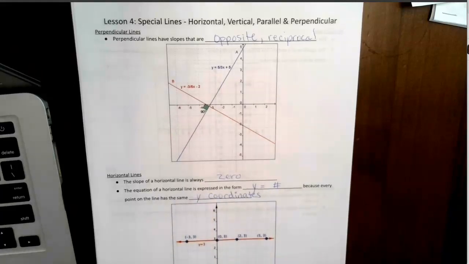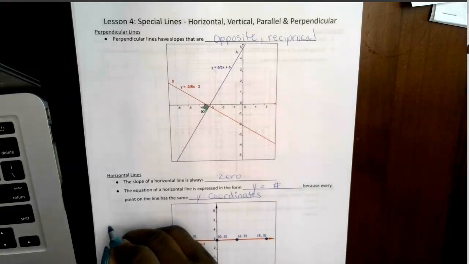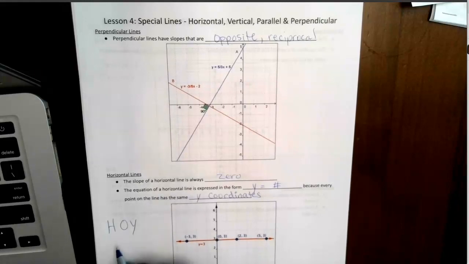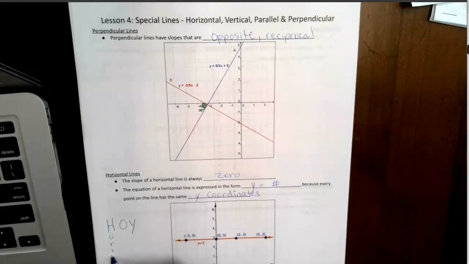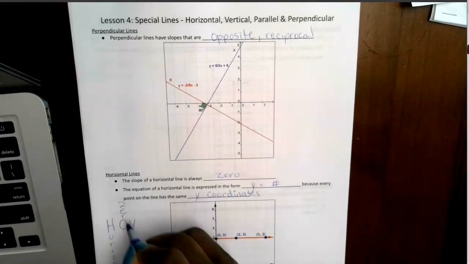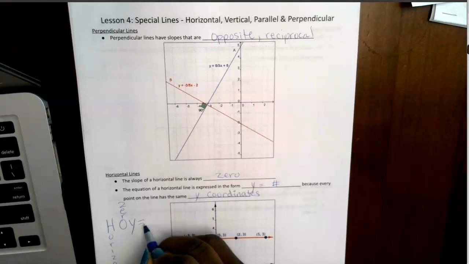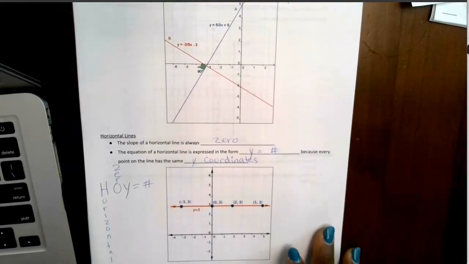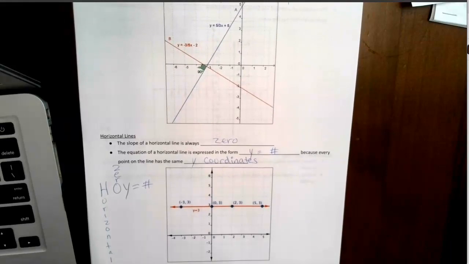Another way to remember horizontal line is HOY. HOY stands for H, it's horizontal, it's a 0 slope, and it means y equals a number.